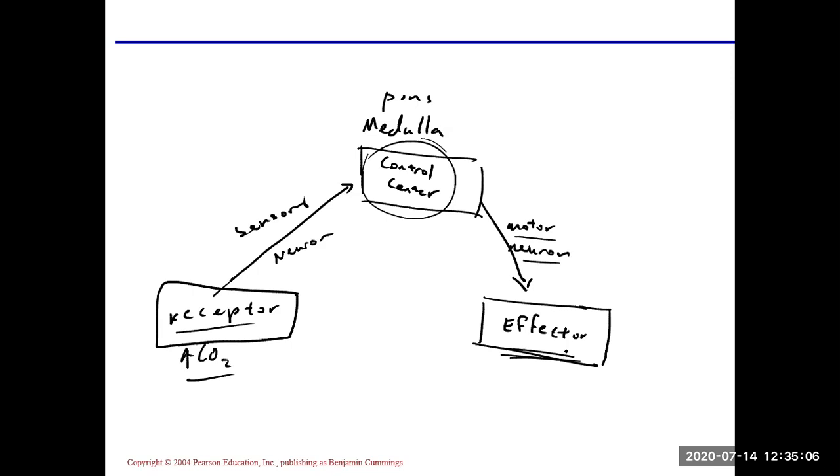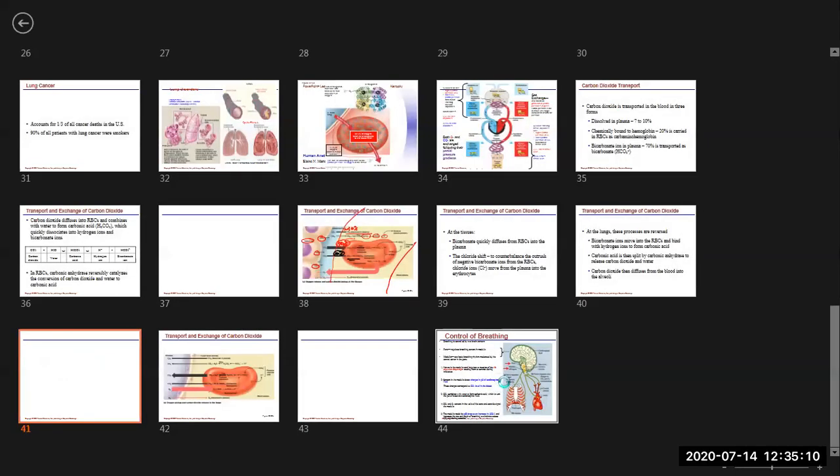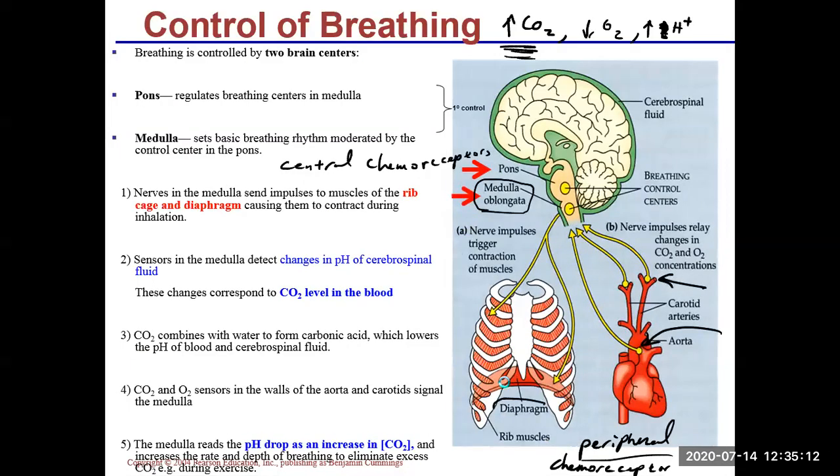Effectors were muscles and glands. So if we take a look, we already see some of the muscles and glands. Diaphragm, here are the other effectors, intercostal muscles, and that's what we discussed. We can see the sensory neurons right over here. These are the sensory neurons, and again, the arrow coming out is the motor neuron.